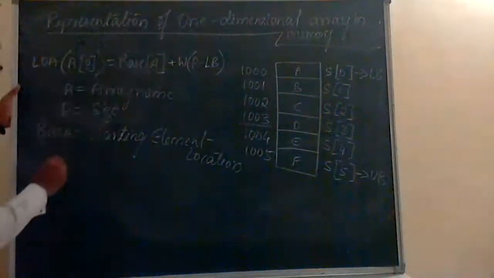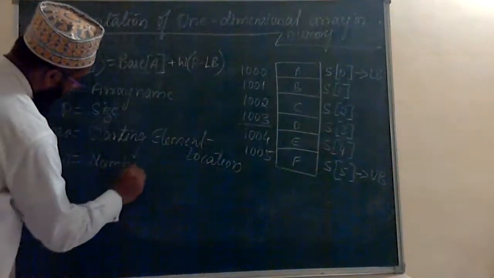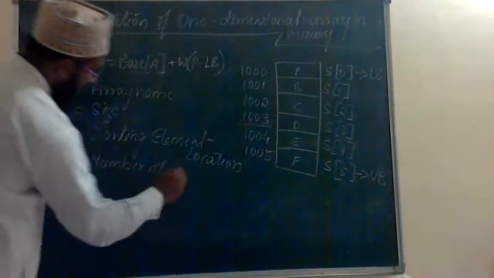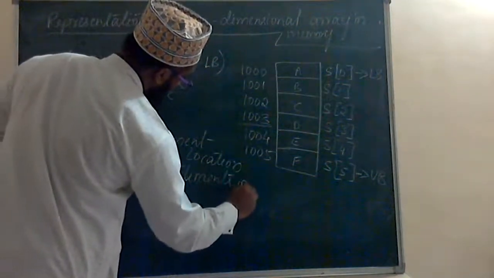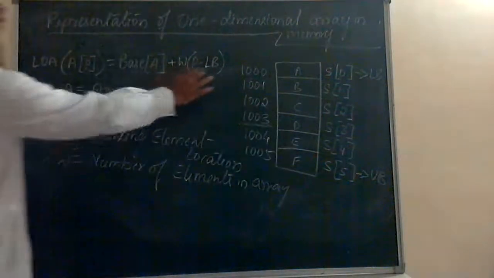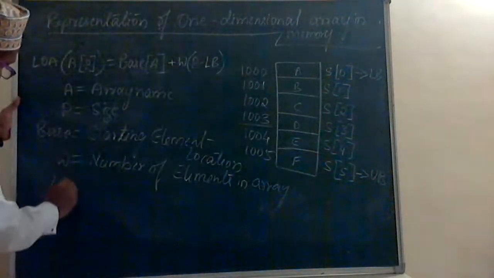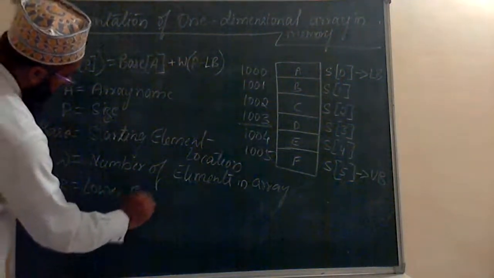Then W is equal to number of elements in array. Then LB is equal to lower bound.